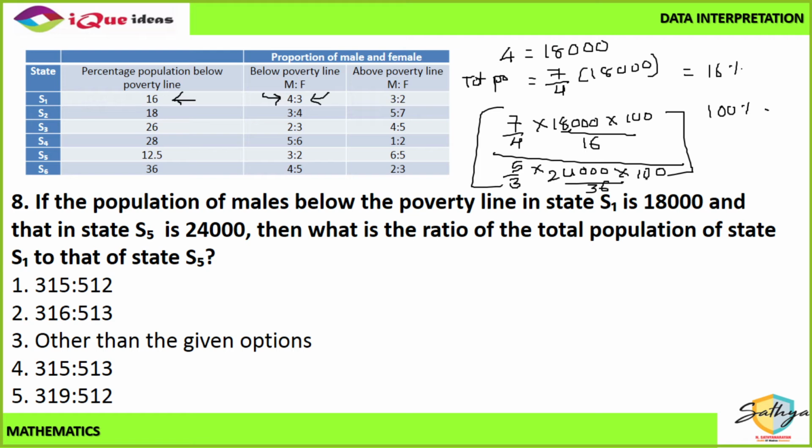Did everybody understand how these calculations came? Now it is only simplification that remains. Are you getting it, guys? Right. So the option is A, 315 is to 512. If you calculate it correctly, you should get the first option as the answer.